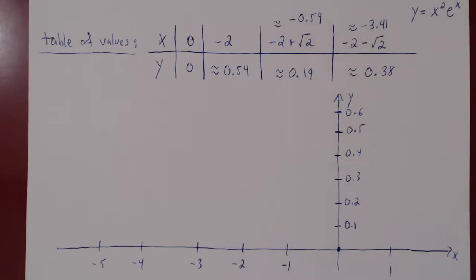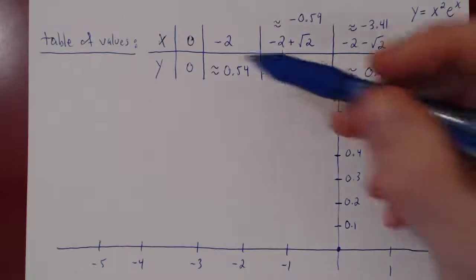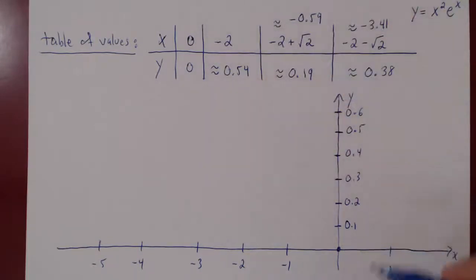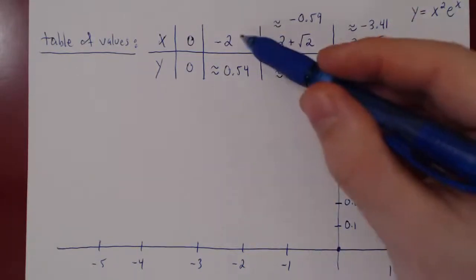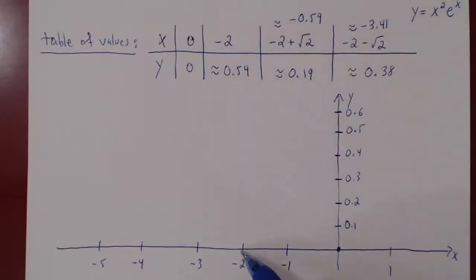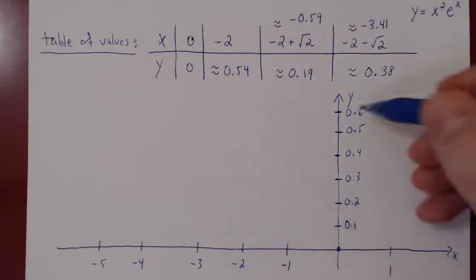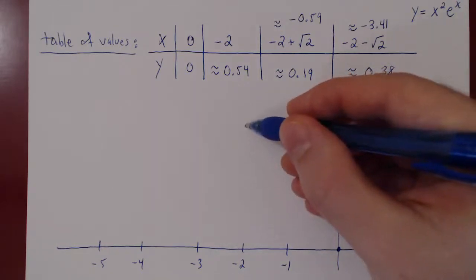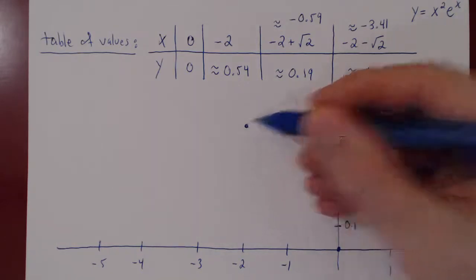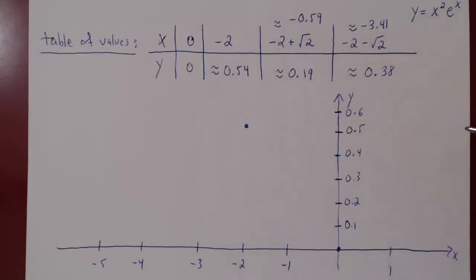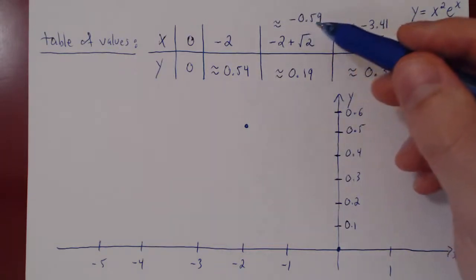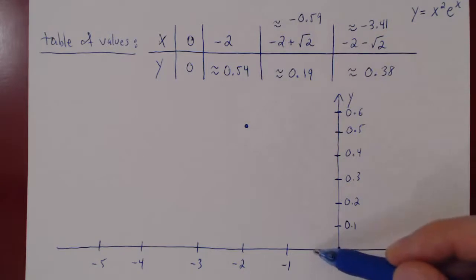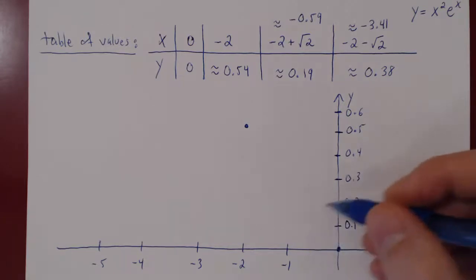And now let's plot our 4 points. The first point was easy, 0, 0. The second point of interest was negative 2, roughly 0.54. So it's almost 0.55. It's going to be about here. Then we had the point roughly negative 0.6. This would be negative 0.5, roughly negative 0.6. And the y value is 0.19, almost 0.2.